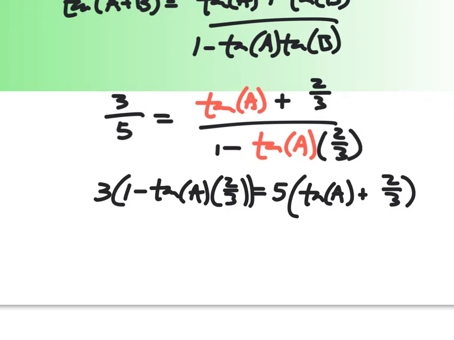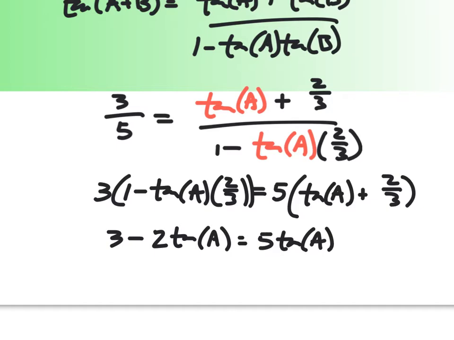Let's distribute. I get 3 minus 2 tan A is equal to 5 tan A plus 10/3.